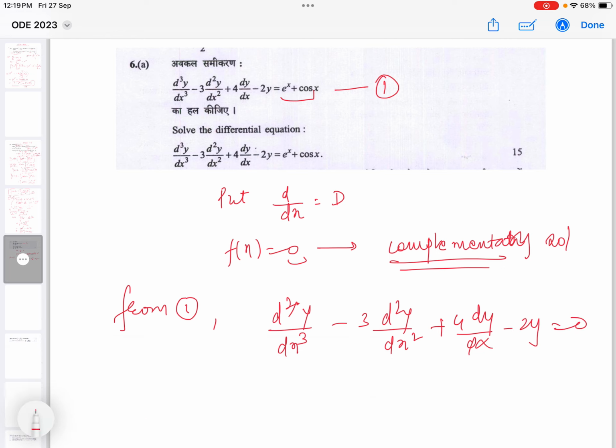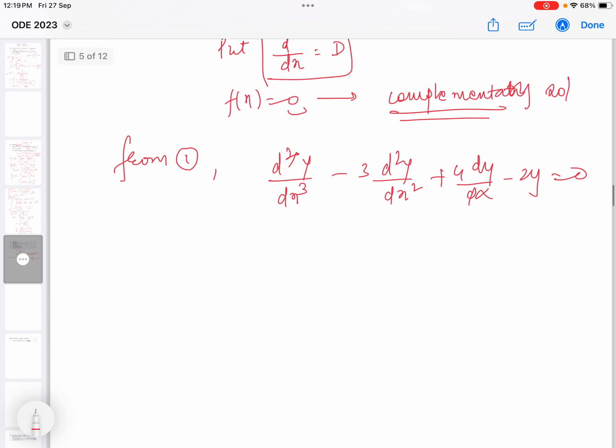So we assume that d over dx equals capital D. So it becomes D cube minus 3D square plus 4D minus 2 equals 0.